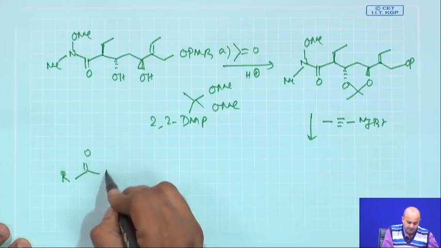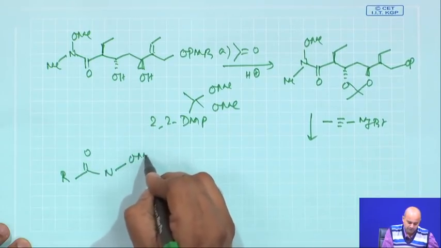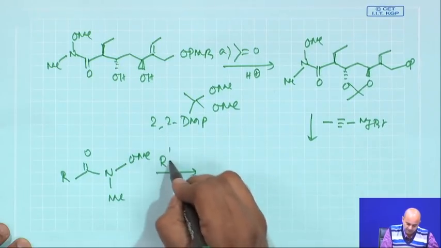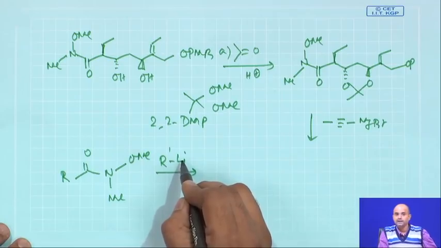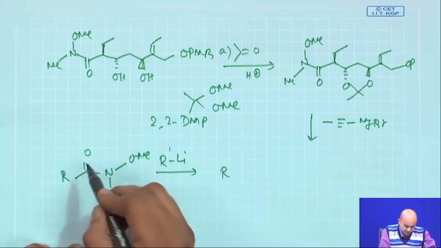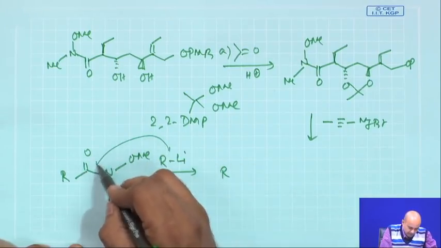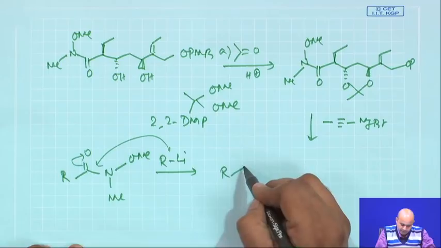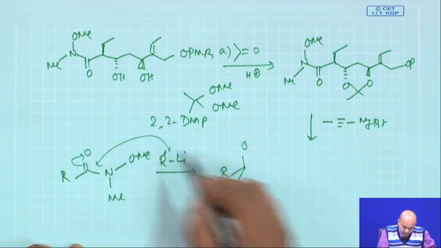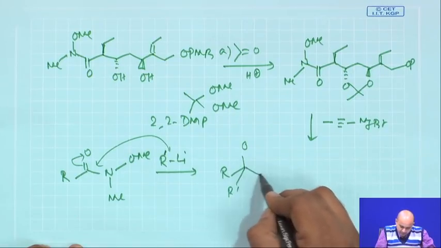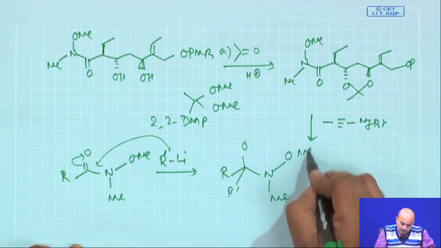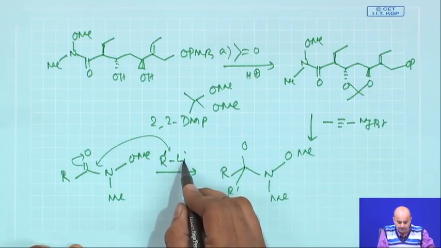I said the Weinreb amide is basically an amide. Now, you react with any alkyl lithium species or any Grignard species. Initially, the alkyl lithium will come here, this R prime is coming here, your N and methyl will be here. Okay. Now, you are using a lithium or any metal.